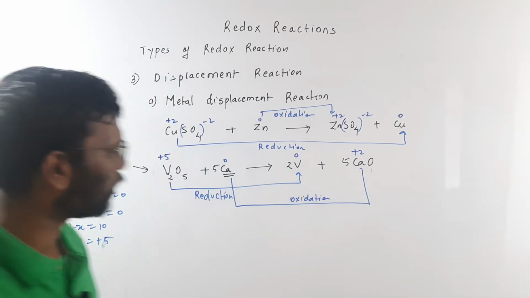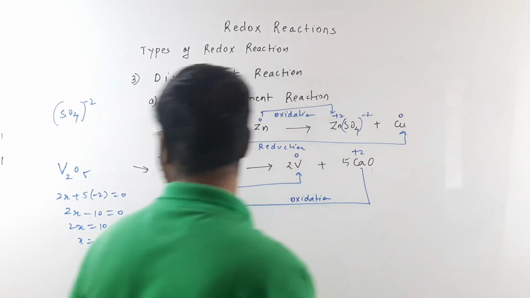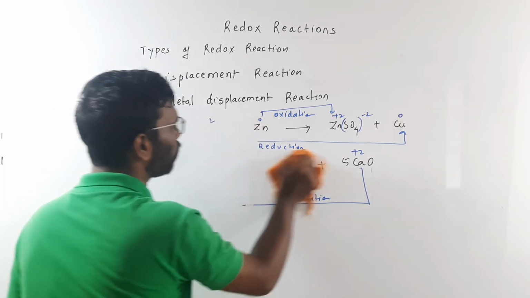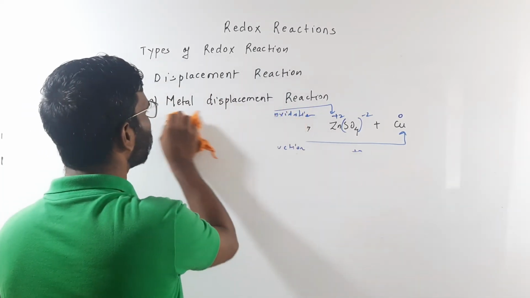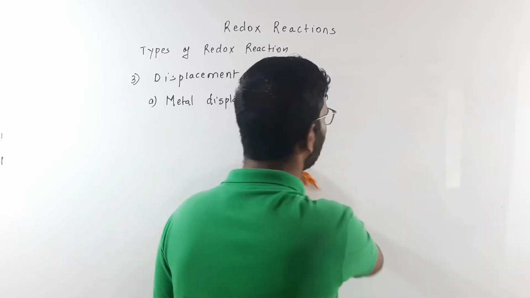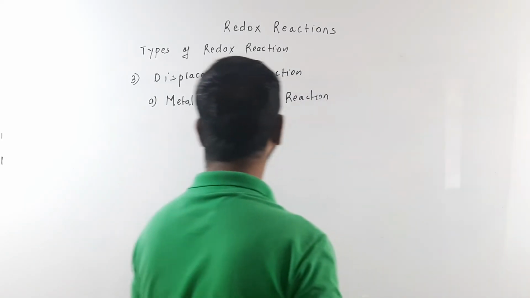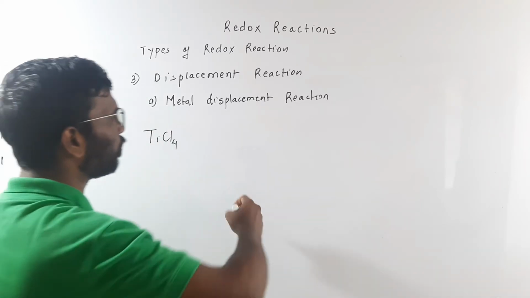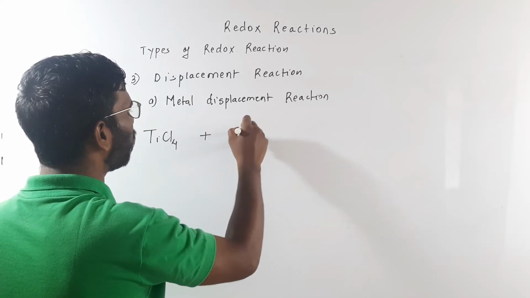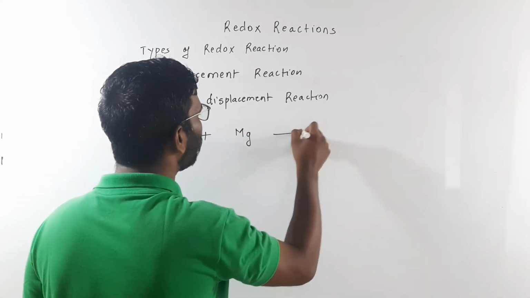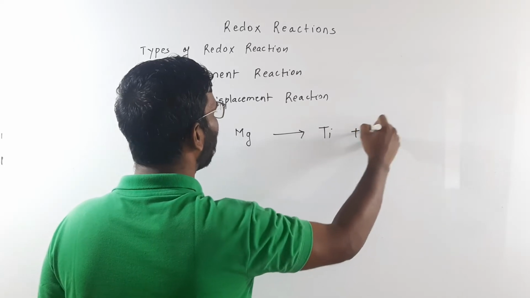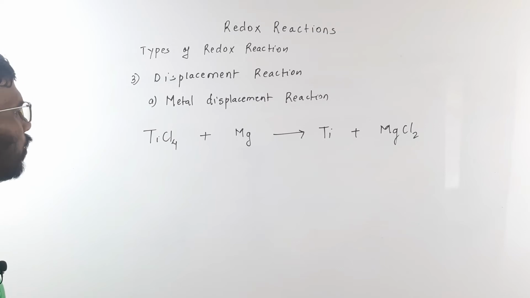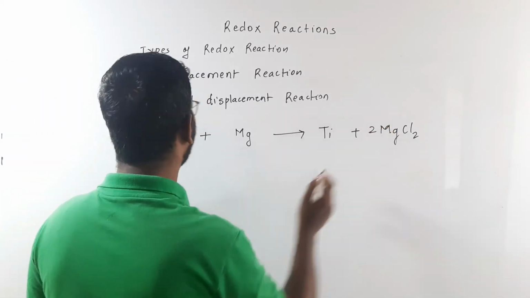We can take more examples where metal gets displaced by another metal. You can consider titanium chloride, TiCl4, when it is reacted with magnesium, what you get is titanium and MgCl2. How to balance this? There are 2 chlorine, 4 chlorine, right?